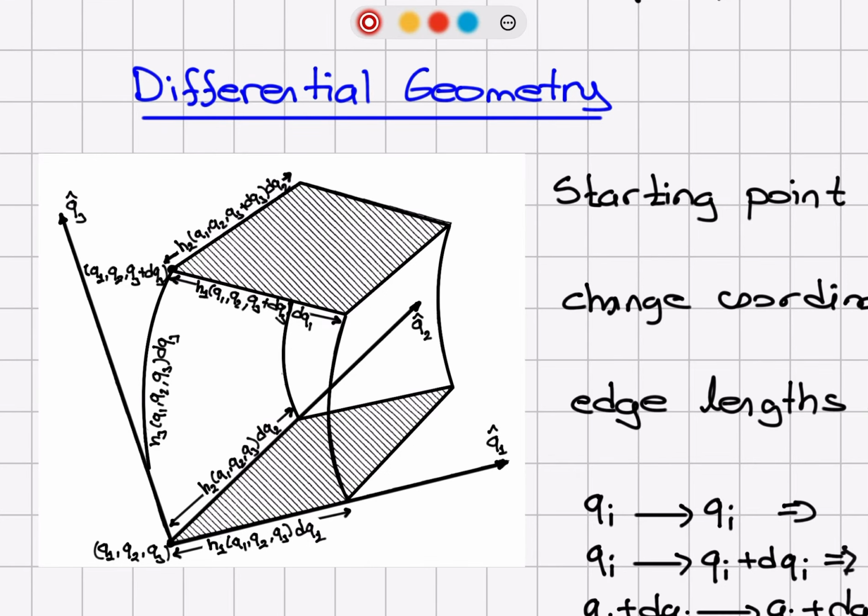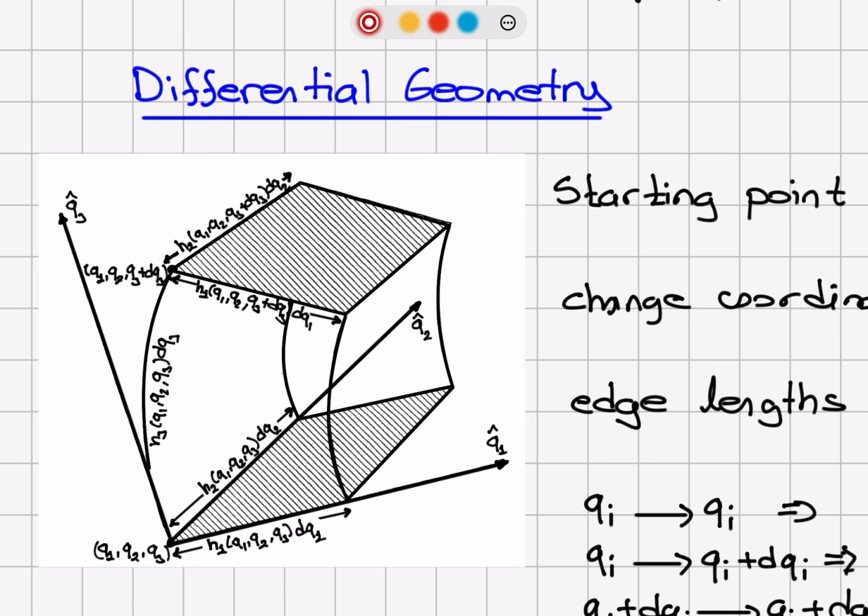Differential geometry. Now we're looking at our curvilinear coordinate system, which has unit vectors q1 hat, q2 hat, and q3 hat, and our origin is at the position given by the coordinates q1, q2, q3.